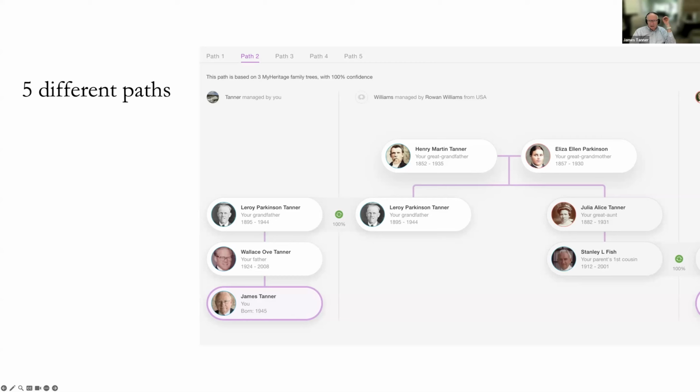Because DNA is the scientific basis that shows the actual relationships, rather than just what you think about the lineage. There's another issue, and I talked about ethnicities and cultural groups.